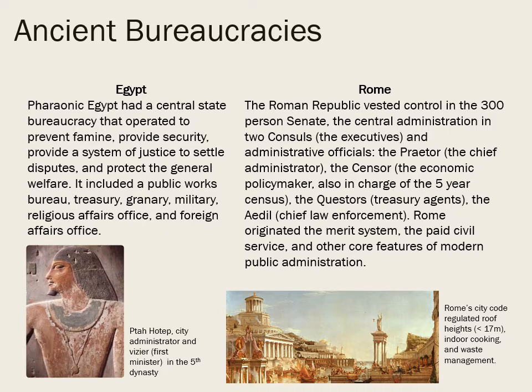The Roman Republic and later the Roman Empire had a strong bureaucratic regime. They had a chief administrator, an economic policy maker, a chief of law enforcement, and treasury agents. And it was Rome that originated the merit system, the paid civil service, and other major features of modern public administration that we still use today.